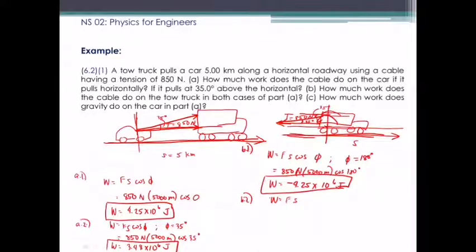So, still the same formula, Fs cosine phi, and your phi now is again 215.